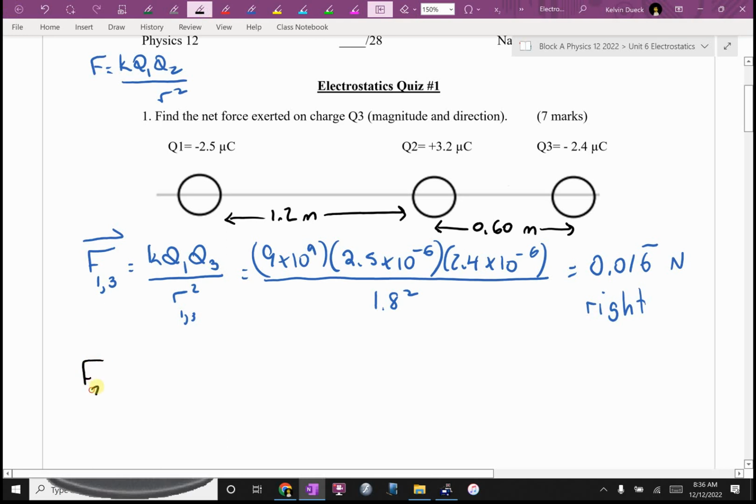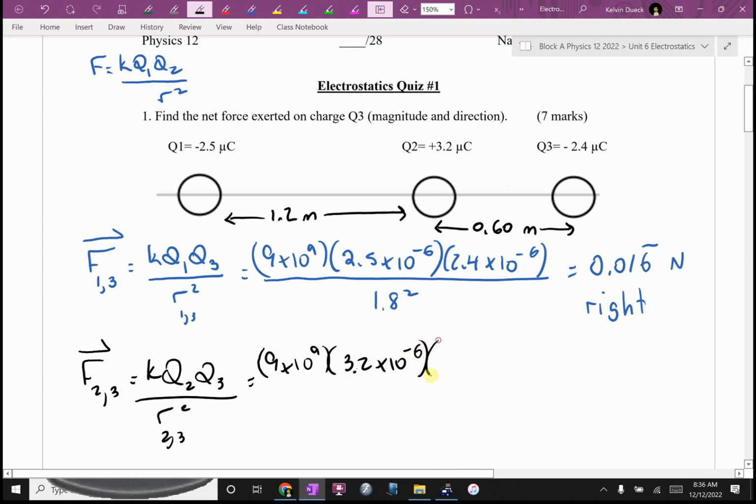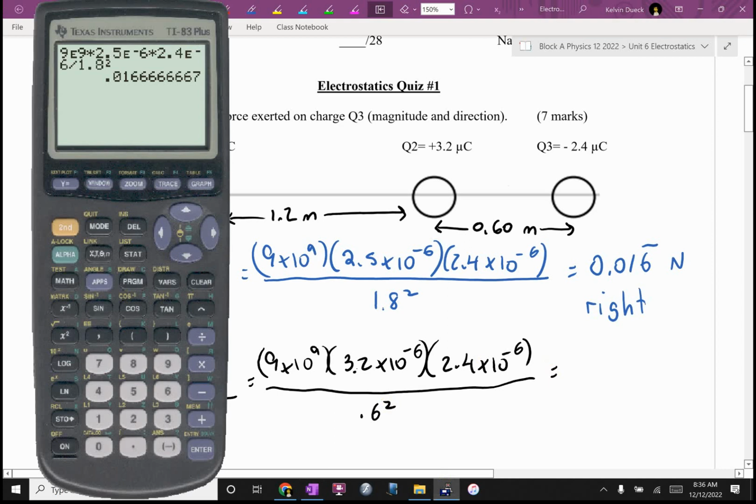Now I repeat. I'll change colors to make it easier. The force between charge 2 and charge 3, that's going to be K Q2 Q3 over the distance between 2 and 3 squared. It's going to be 9 times 10 to the 9th, 3.2 microcoulombs, 2.4 microcoulombs, all over 0.6 squared.